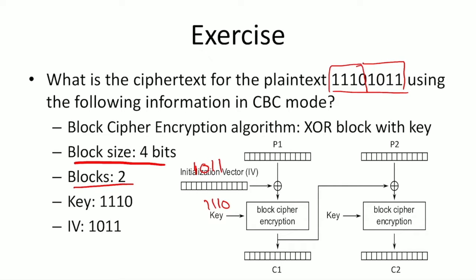I will write the plaintext 1 here, just 1110. The first thing to do is to chain the plaintext block with the previous ciphertext block, but because we don't have any ciphertext block for the first plaintext block, we use the initialization vector. So here basically we are just going to XOR these two together.